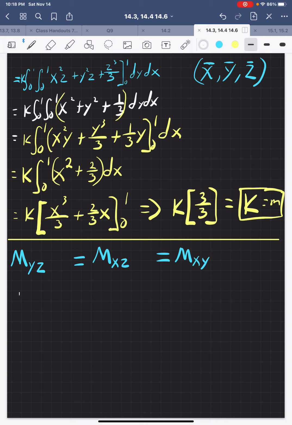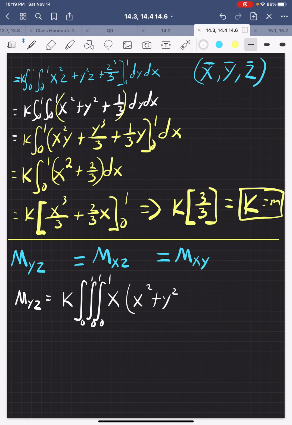I'm just going to set up one of them for you, and then I'm going to jump right to the solution. So if you want to find, let's say, the moment about the YZ plane, your triple integral, still going 0 to 1, and the formula is x multiplied by the density function, which in this case is x squared plus y squared plus z squared.